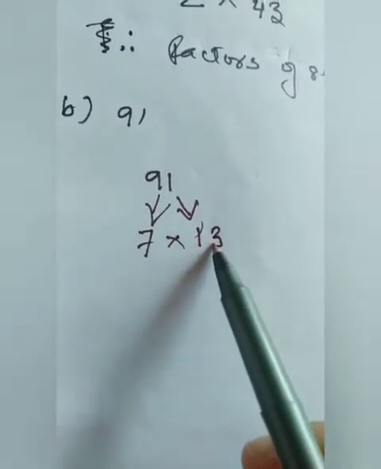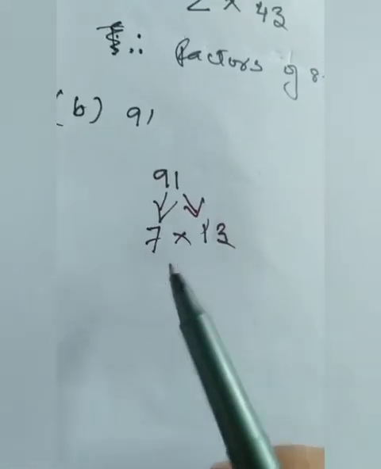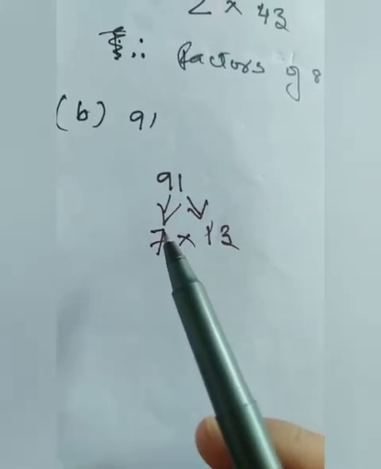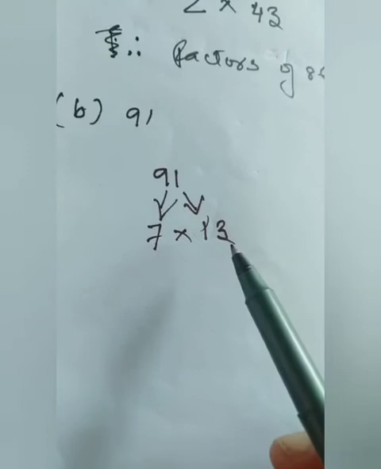Okay, 7 into 13 is 91, so we got both 7 and 13 as prime, right?